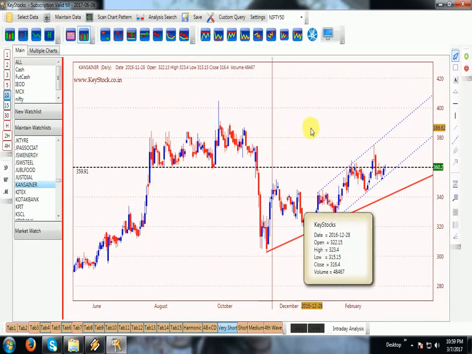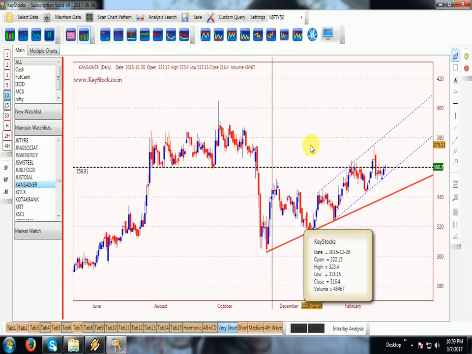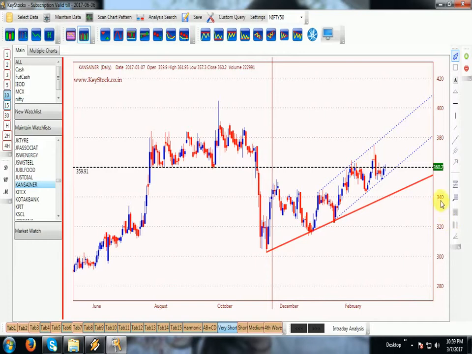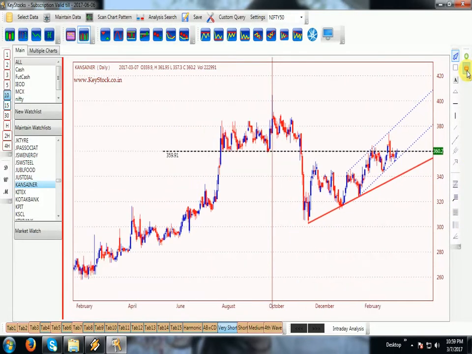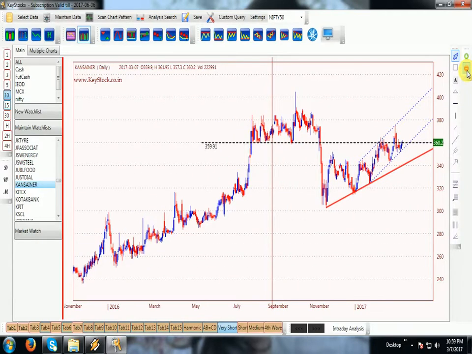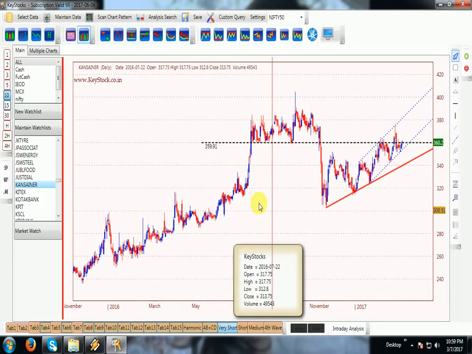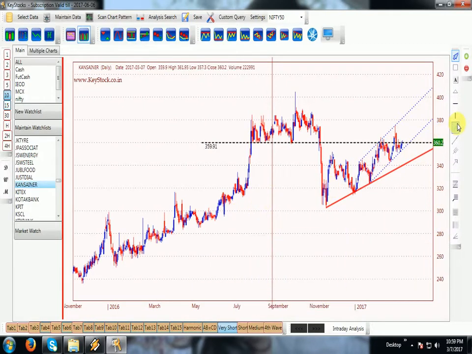If we take a look at the history of the stock, the uptrend was clearly visible, so I can plot the rising trend line, or you can say ascending trend line here.